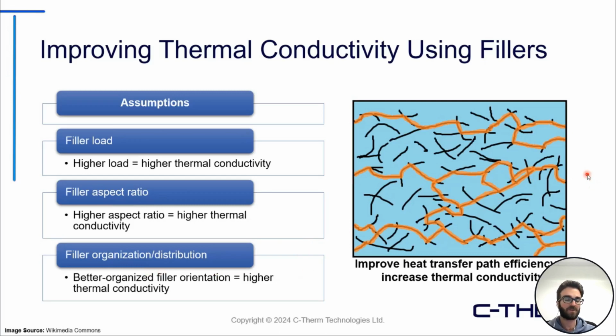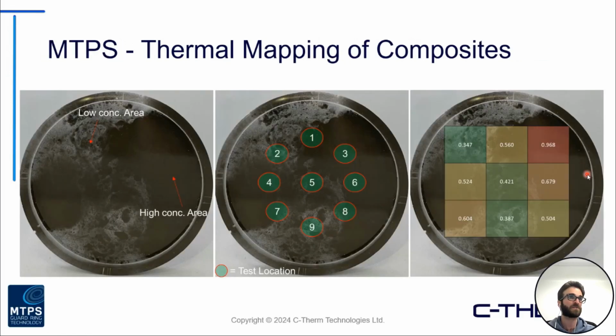There's an example coming up that I really want to highlight because it demonstrates why this is important. We've been working with quantifying the mapping, or the thermal characterization, of filled systems for a while now.